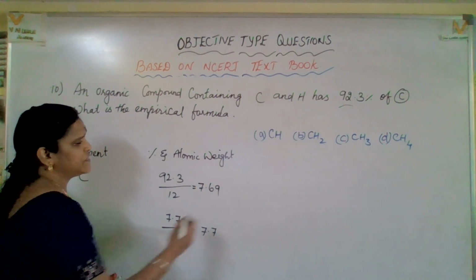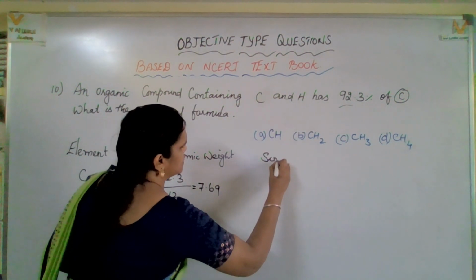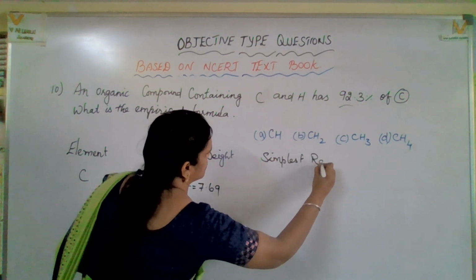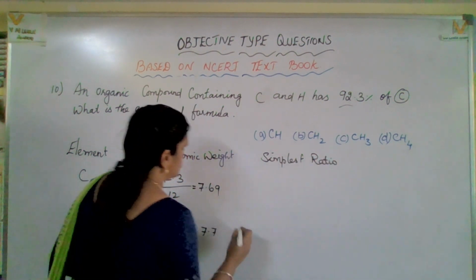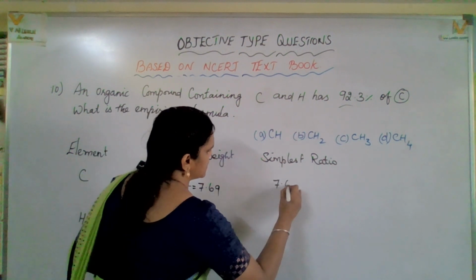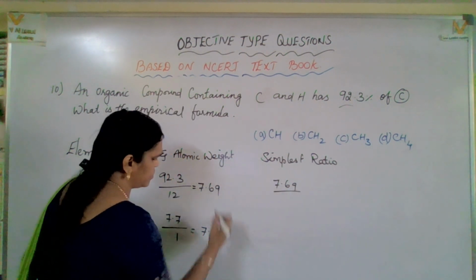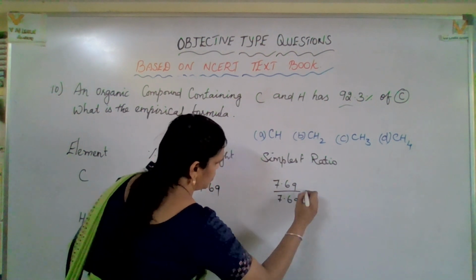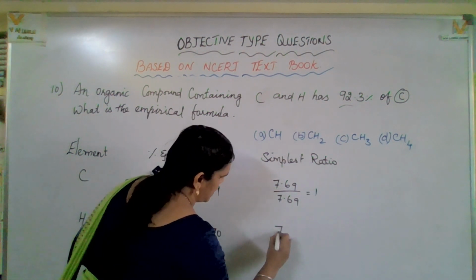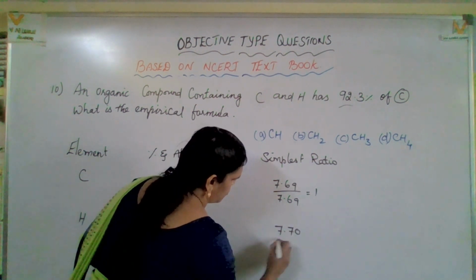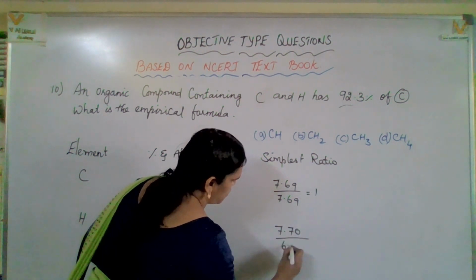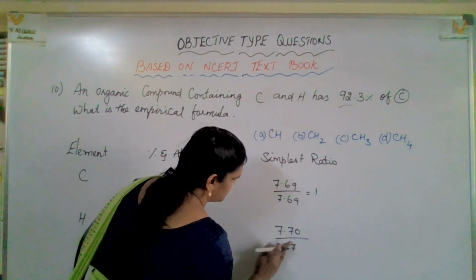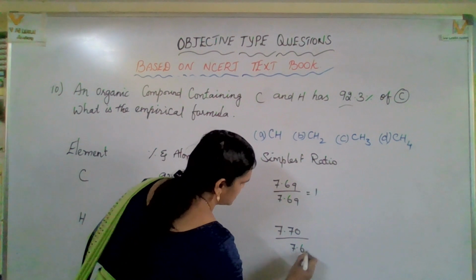Okay, now here which is the simplest ratio? Right? So here 7.69 divided by, according to these two, 7.69 only. So you will get 1. The same way here 7.70 divided by 7.69.